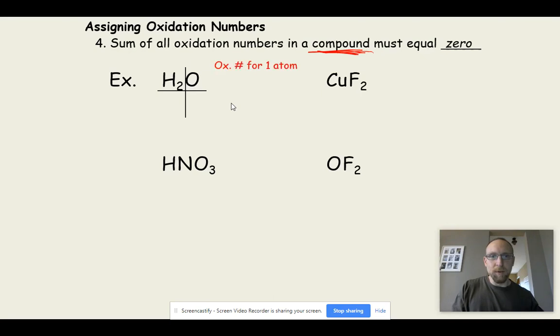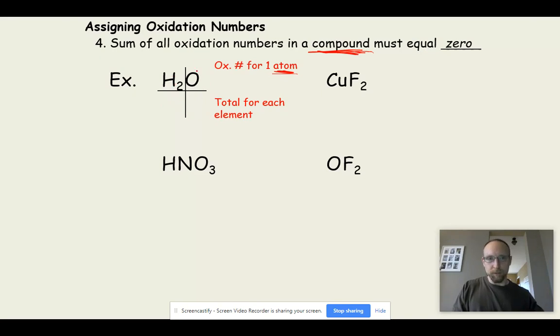The top is for your oxidation number, which is just for one atom. Oxidation states are always per individual atom. And the bottom is going to be for our total for each element. That's going to incorporate our subscripts: how many total atoms are in the compound, and what does that charge equal?